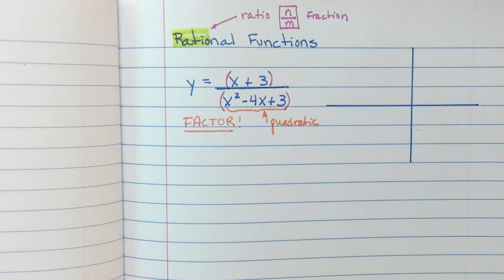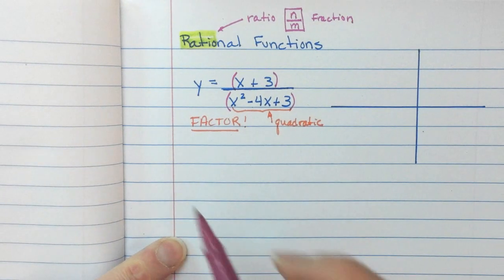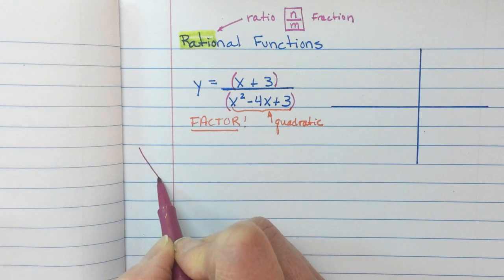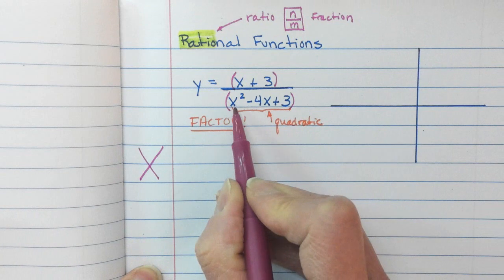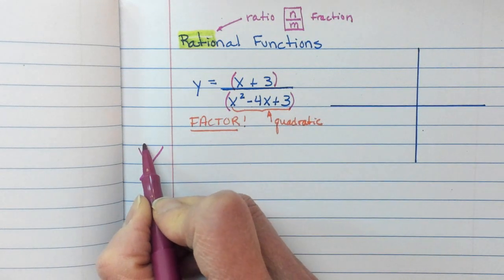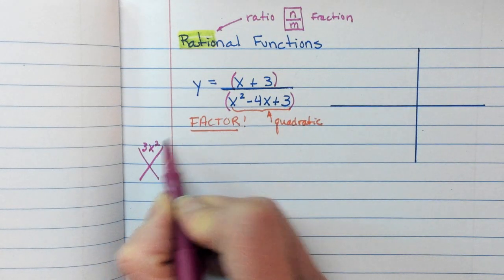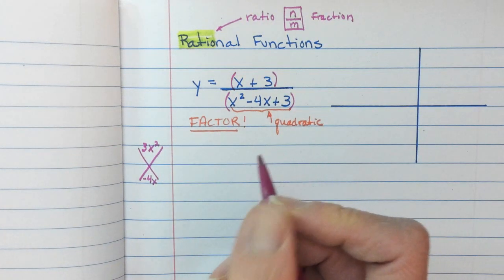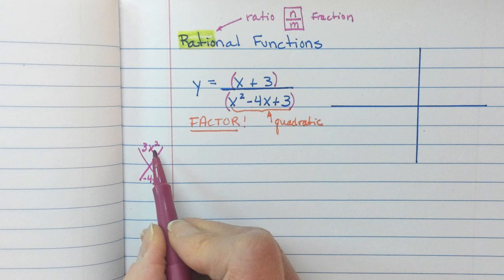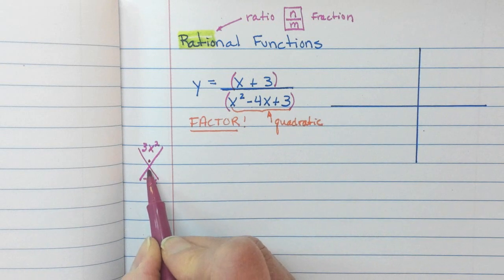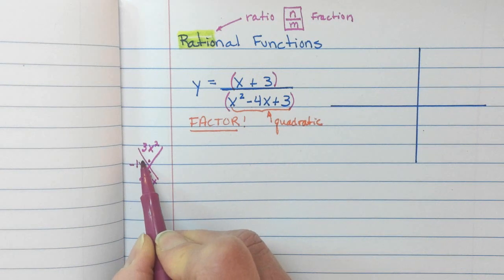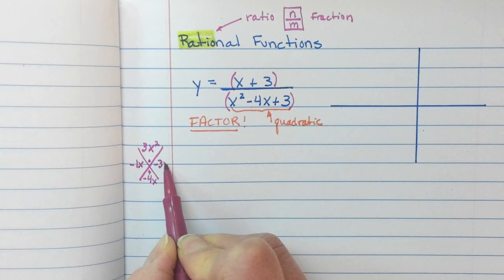So if we remember, we'll do a quick review on factoring for those people who are still struggling a little bit. So what I'm going to do is I multiply my first and my last, so I get 3x squared, and I put my middle number in the bottom. So I want my factors of 3x squared that add to negative 4x, which would give me negative 1x, negative 3x.